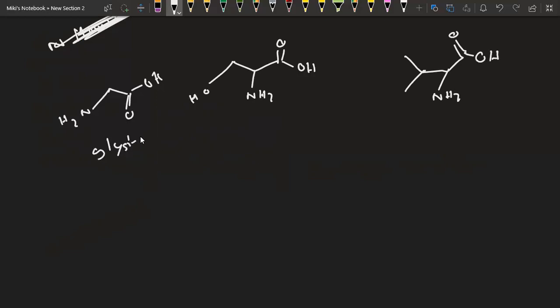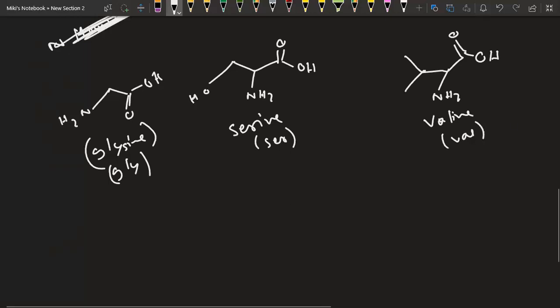This is glycine, named as GLY. This is serine, its short term is given as SER, and this is valine, the shorter form given as VAL.